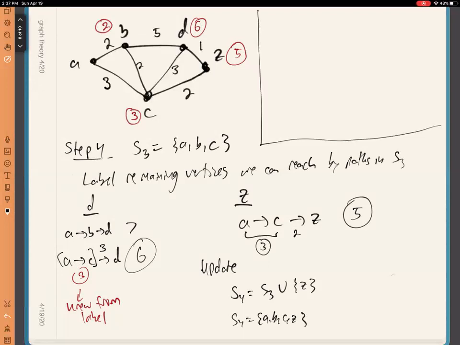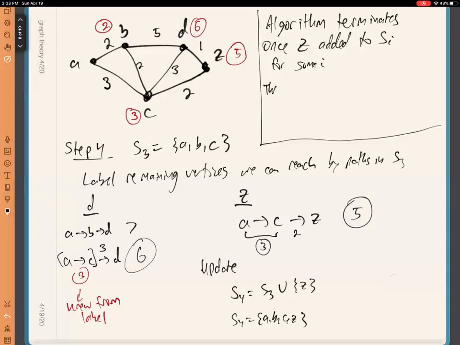And so the claim is, well, this is not a claim, this is just the definition of how the algorithm works. So the algorithm terminates once you add Z to the set, once Z is added to Si for some i.